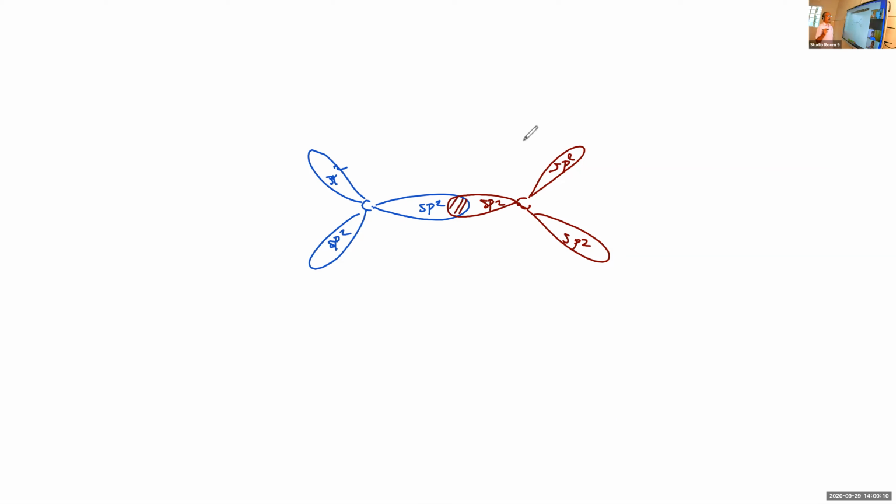And here there is the formation of a sigma bond between the carbon atoms. Then, what about the other orbitals? These are overlapping with the s orbital, one s orbital of a hydrogen atom. And here there is formation of a sigma bond.